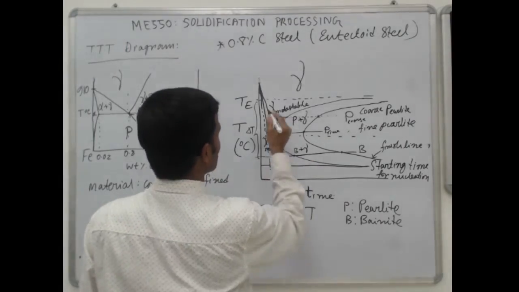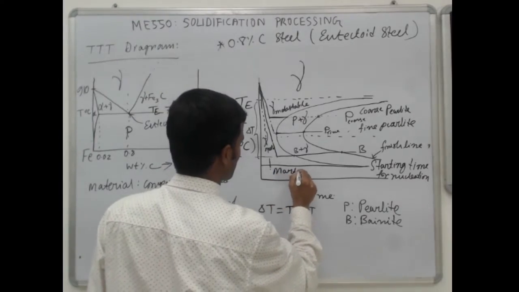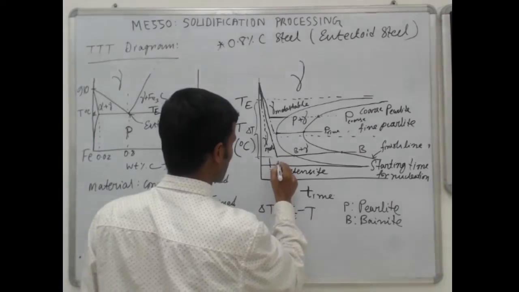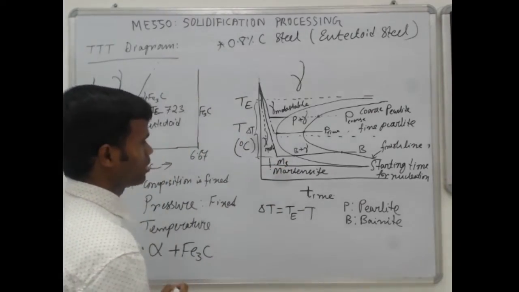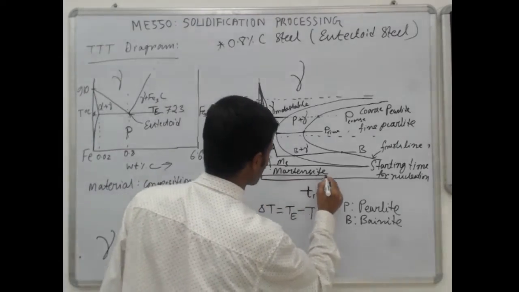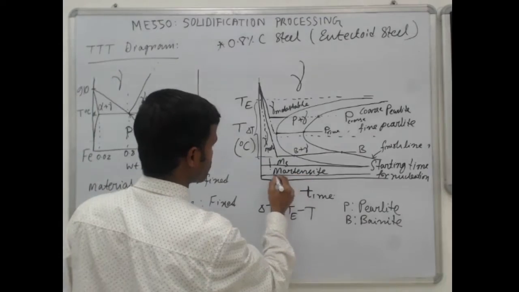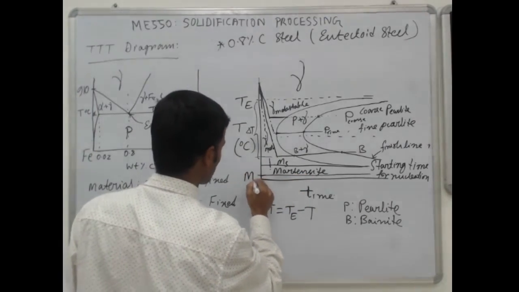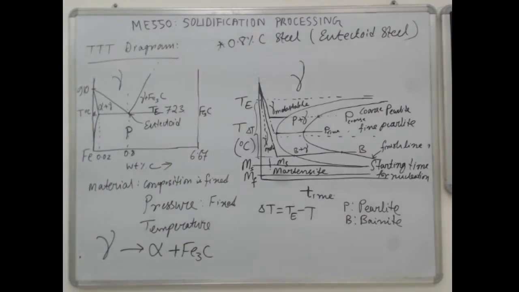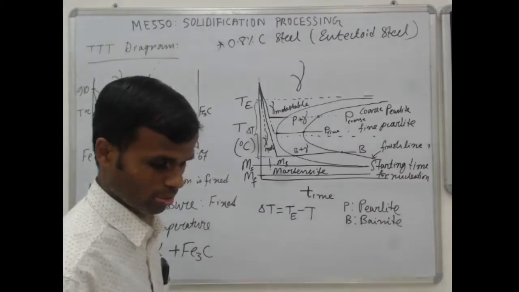What will happen is the austenite will be transformed into martensite. This is called martensite start, MS, and after some time the whole austenite will be transformed into martensite. This is called martensite finish, and this is called martensite start. These are the different terms that you have to remember.